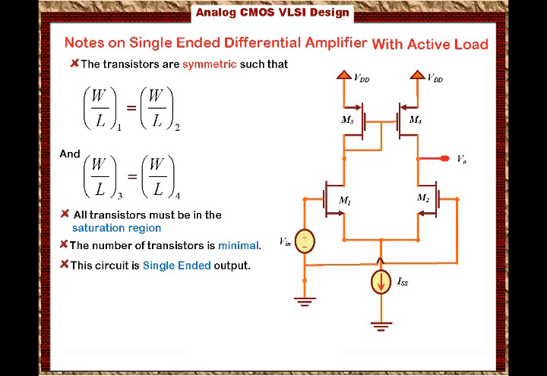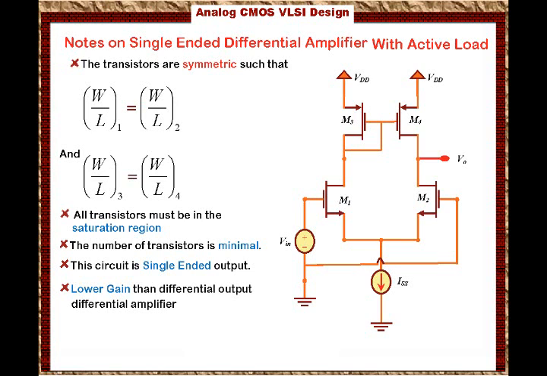A serializer-deserializer circuit is a classical example where a single-ended voltage cannot be used. However, the op-amp is a classical example where this circuit can be used. This circuit has lower gain than the differential output differential amplifier, but it still gives you a high gain.